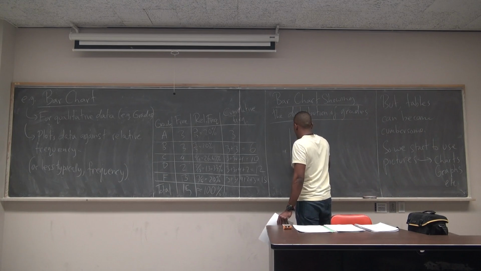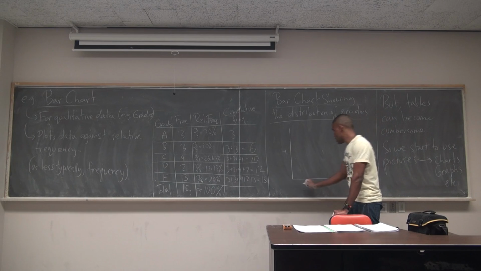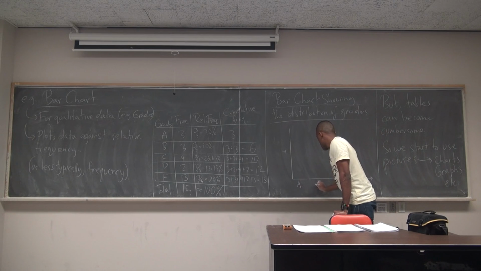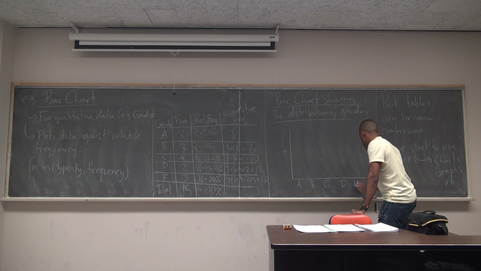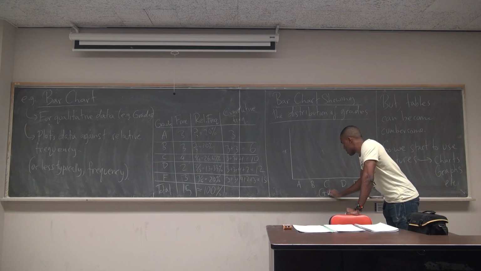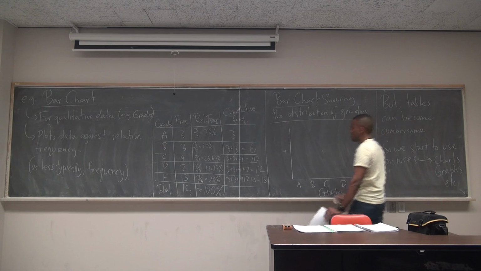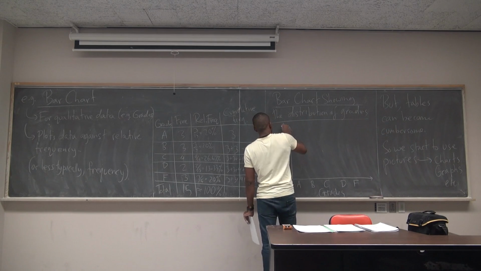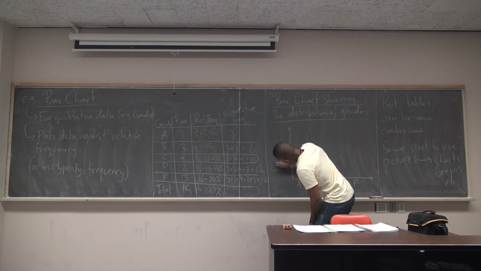So what we would do is do this, and I can put the grades on the horizontal, A, B, C, D, F. So this is the grades. And on the vertical axis, I'm going to put the frequency, or the relative frequency.